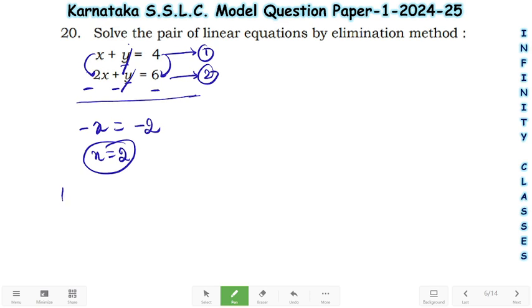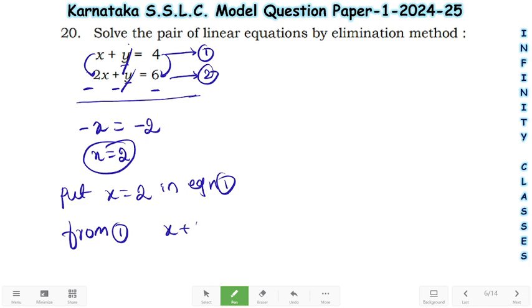Put x is equal to 2 in equation 1. From 1, x plus y is equal to 4. In the place of x I am writing 2, that is 2 plus y is equal to 4.